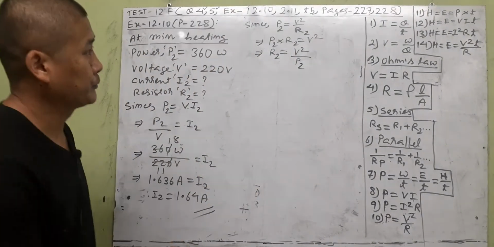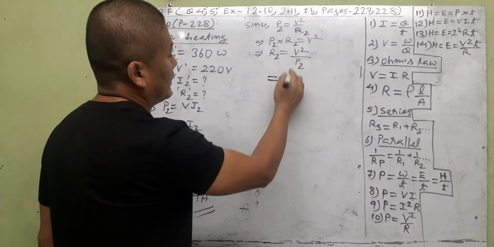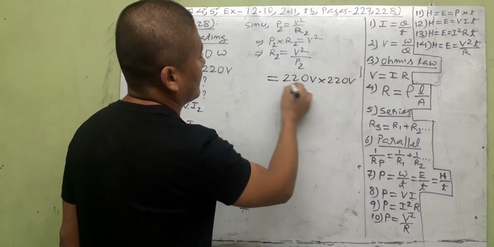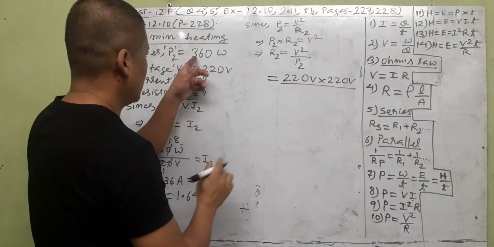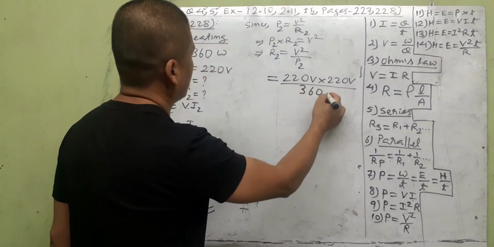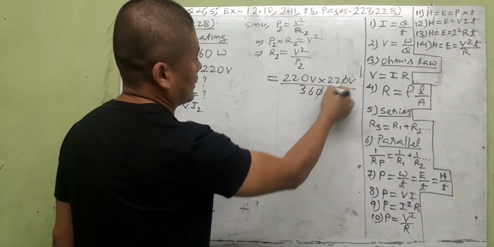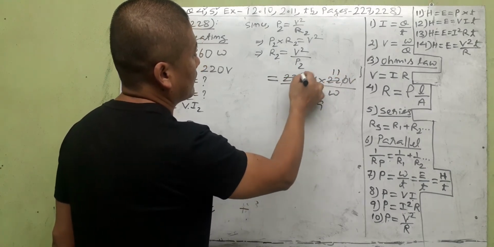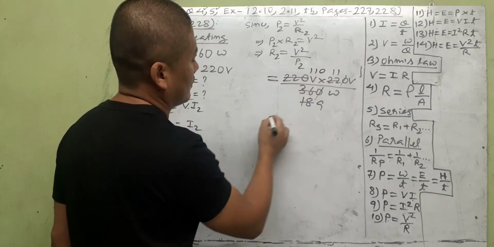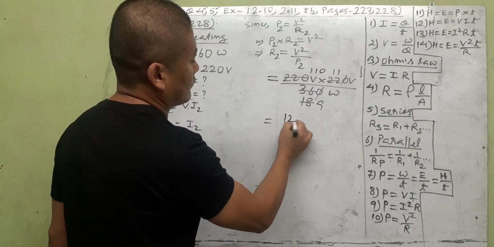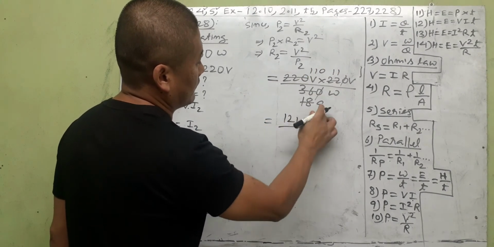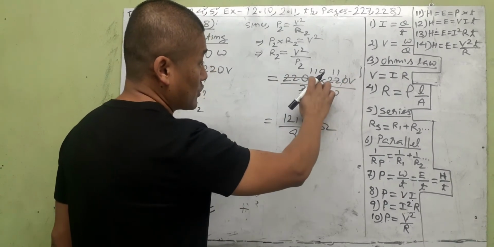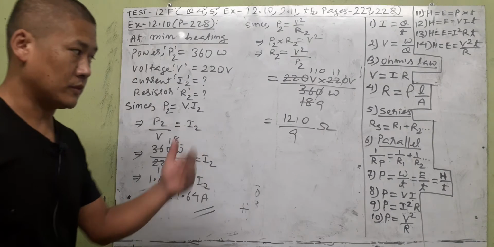Okay, now that will be equal to V is 220, so V square will be 220 volt into 220 volt, 2 times, divided by P2, in this case 360 watt. So 0, 0 cancel, 2 1s are 2, 8s are 16, 2 into 11, 2 9s are 18, 2 1s are 2, 2 1s are 2, and 0. 11 into 11, 121, and 0. Divided by 9, and the SI unit of resistance we know is ohms, which means volt square by watt is ohms.